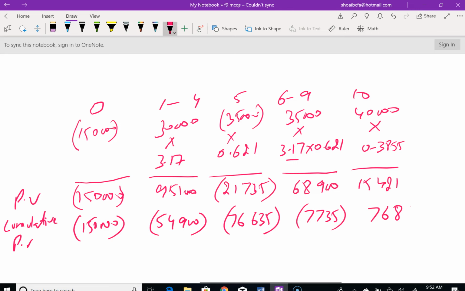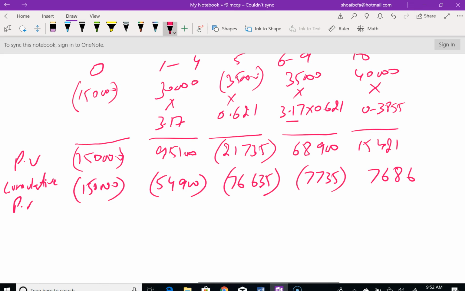And then it is positive. So at the end of year 9, we have not recovered all the amounts. So 9 years is the answer. Plus we required 7735, but we have recovered 15421.